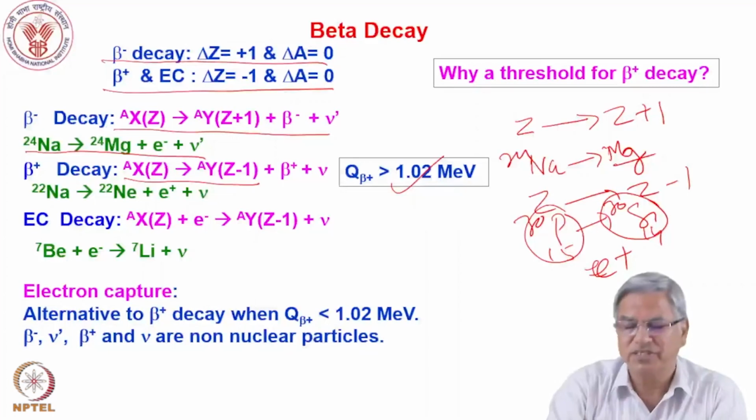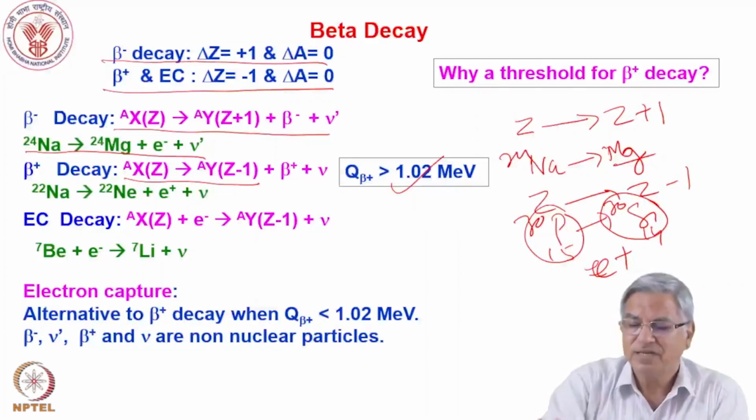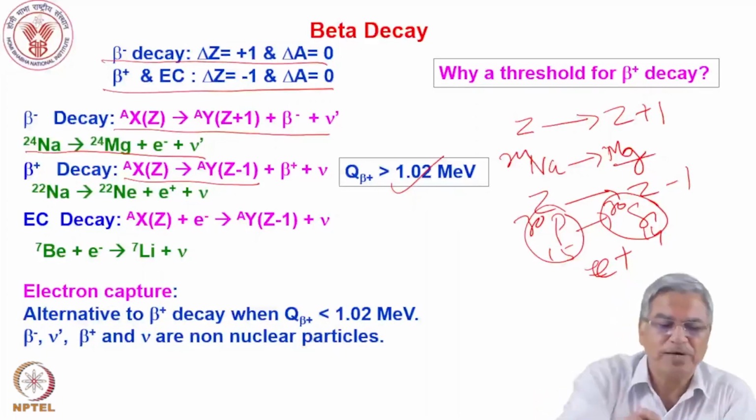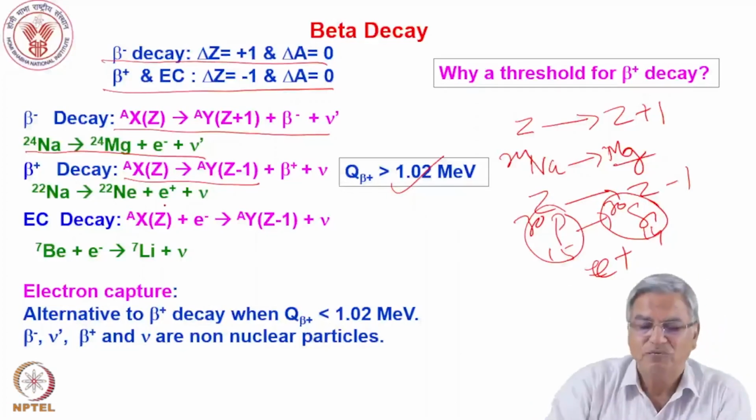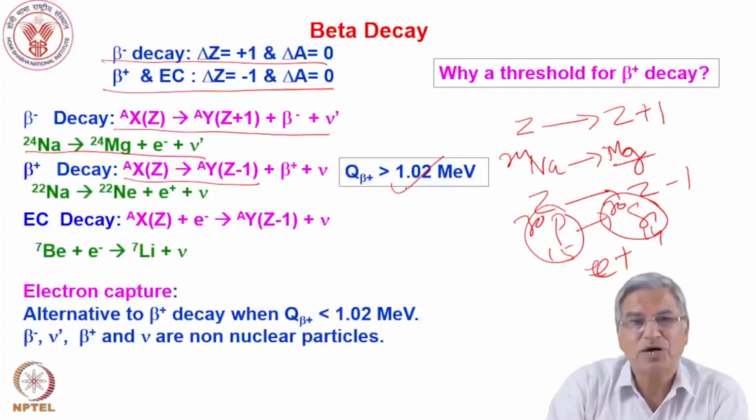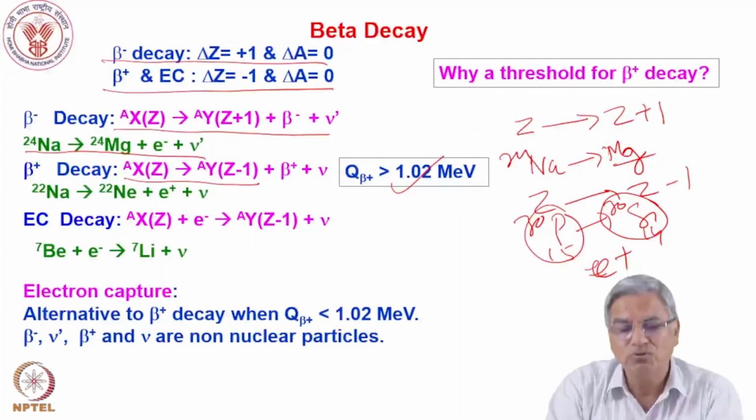In beta plus decay, since the atomic number has decreased, the positron is emitted, and the electron which is now in excess in silicon 30 also will be emitted. So the mass difference between the parent and daughter has to be more than or equal to the rest mass of an electron-positron pair, that is 1.02 MeV.